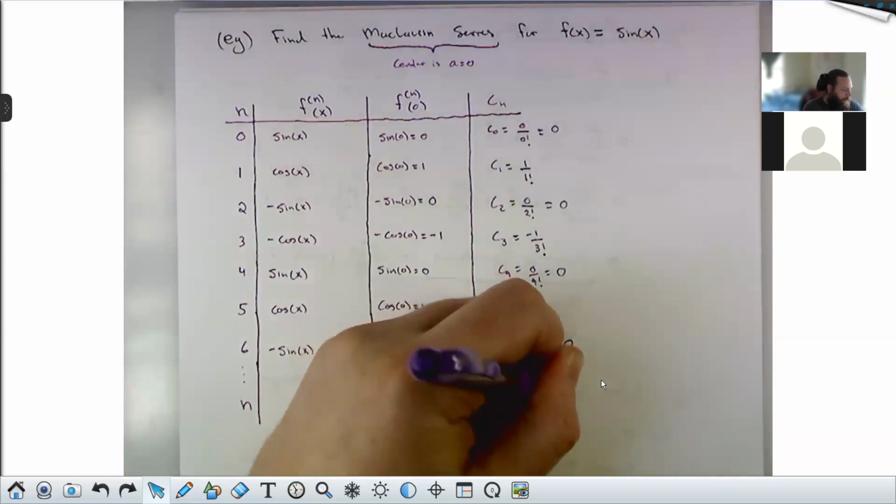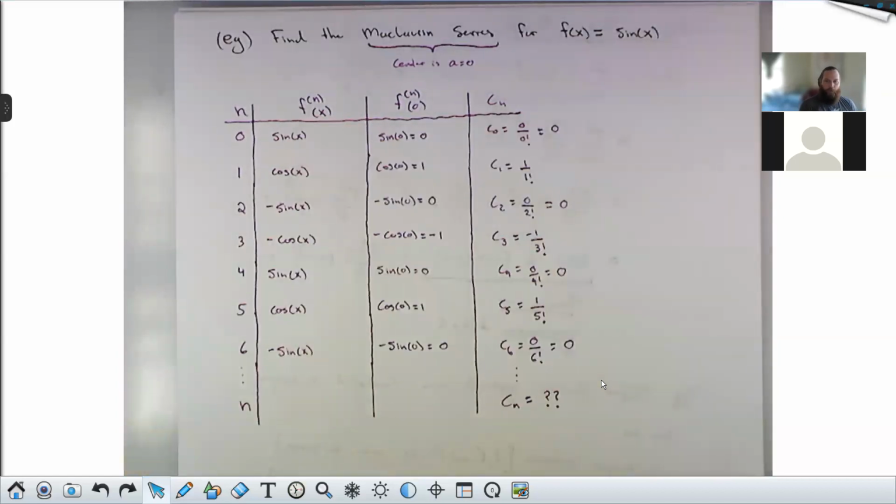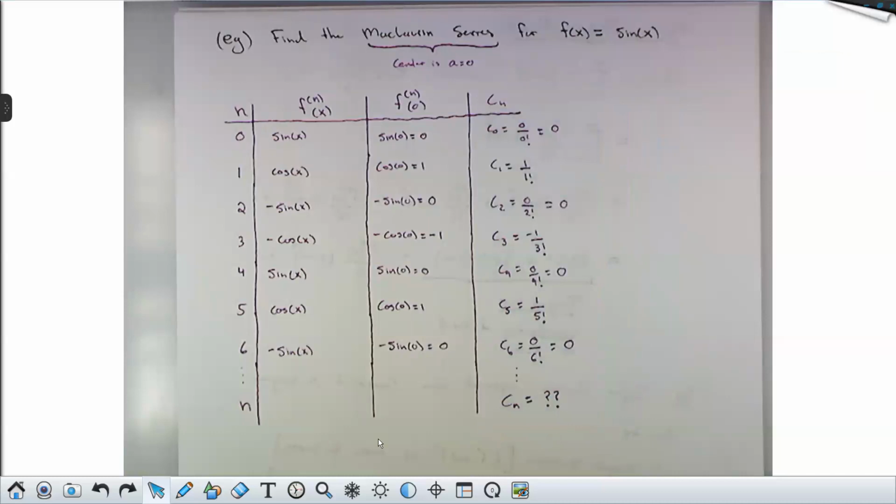I'd say that this pattern, definitely some things should be jumping out at you, but a nice formula is going to be pretty hard to come by. So tell me, what patterns do you guys see in this column? Anything?